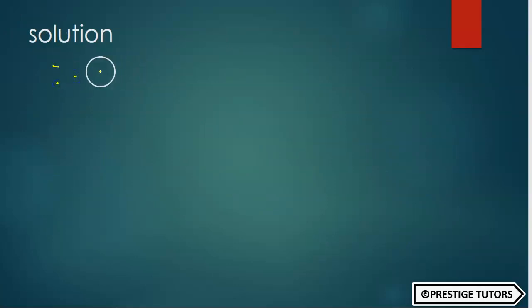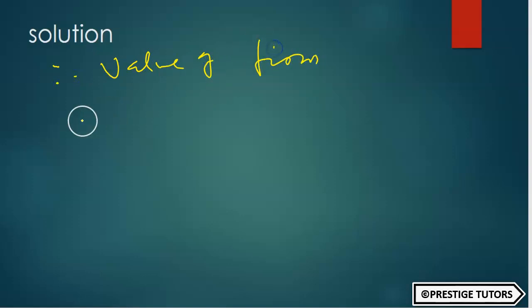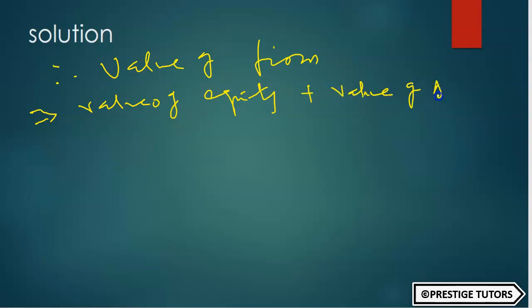Therefore, value of firm is equal to value of equity plus value of debt. What is value of equity now? Don't forget, 864,000.